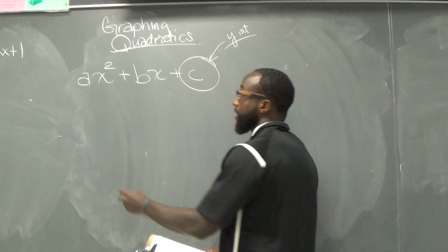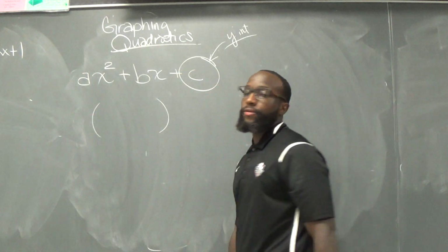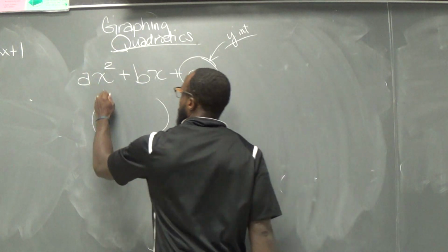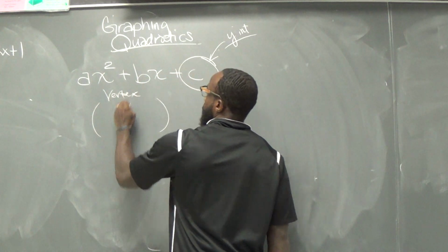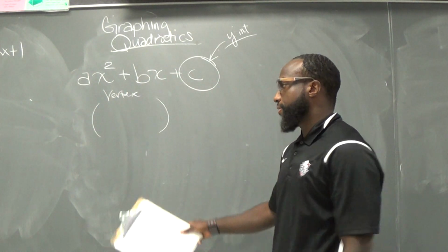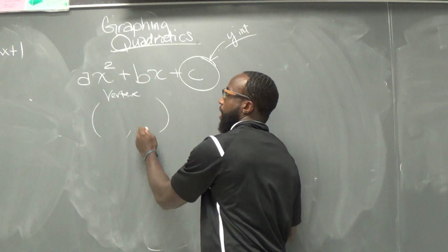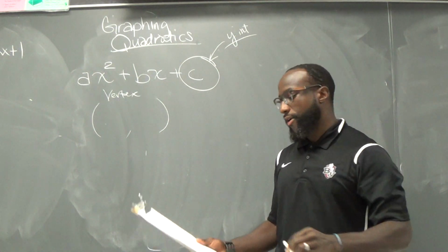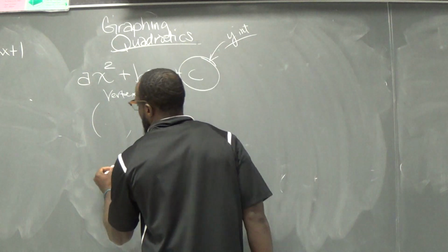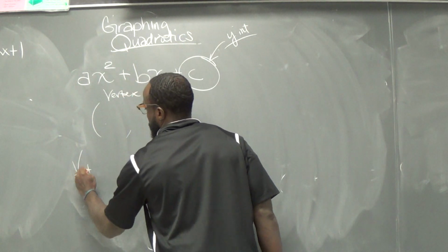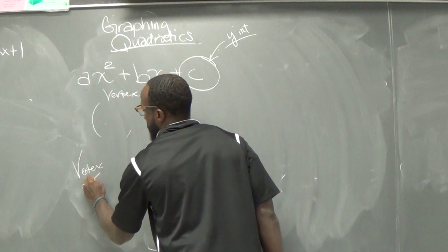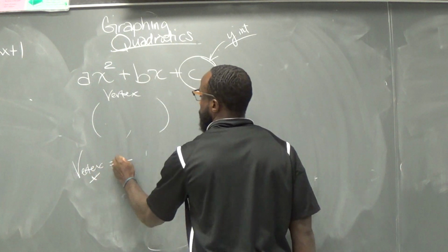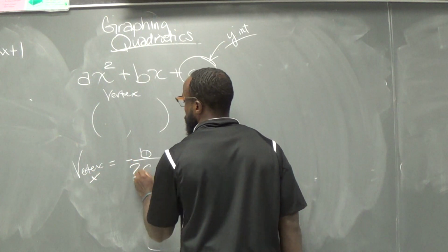The first thing we have to do is find the vertex, right? In order to find the vertex, we have to find the x value and the y value of the vertex. To find the x of your vertex, you use this formula: the x of the vertex equals negative b over 2a.